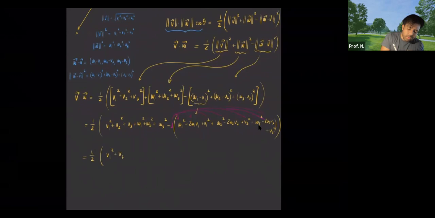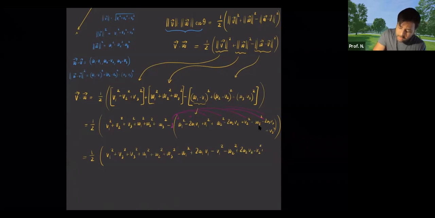V1 squared, V2 squared plus V3 squared plus W1 squared plus W2 squared plus W3 squared minus W1 squared plus 2W1 V1 minus V1 squared minus W2 squared plus 2W2 V2 minus V2 squared minus W3 squared plus 2W3 V3 minus V3 squared.